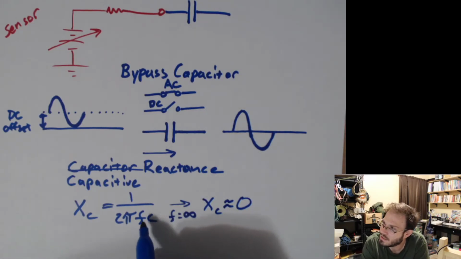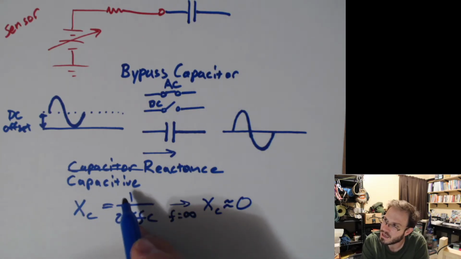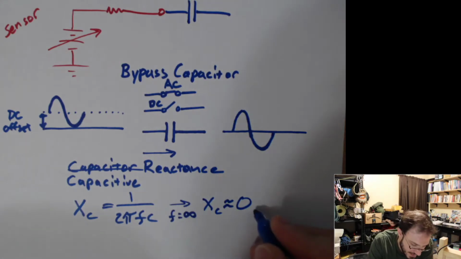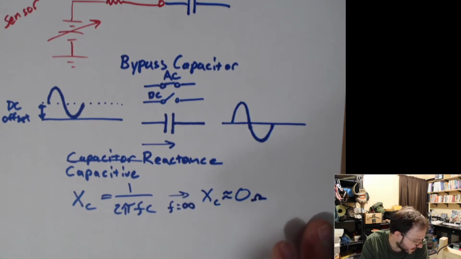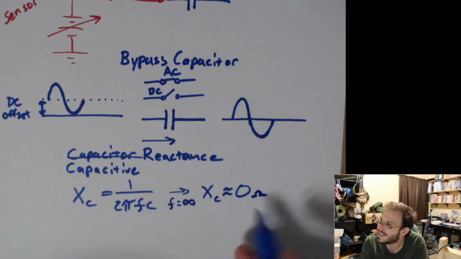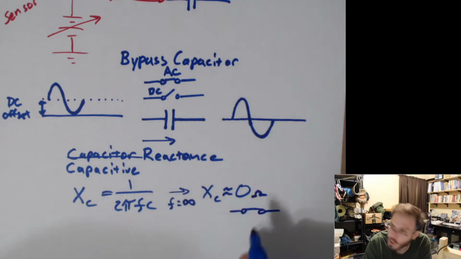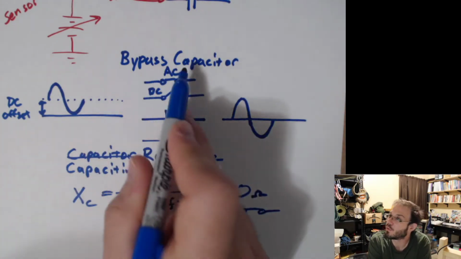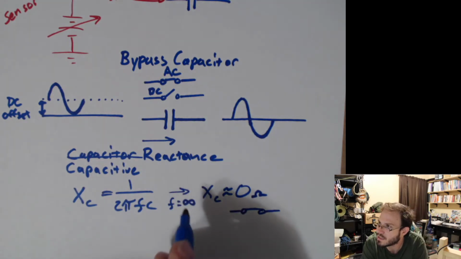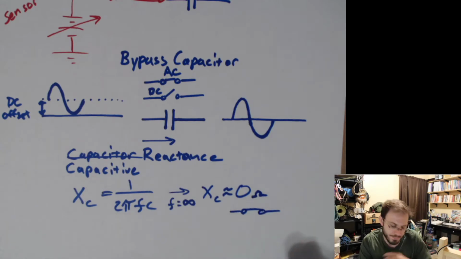If I make this value for frequency sufficiently high, the capacitive reactance, which is given in ohms, appears to be 0. Another word for 0 ohms: short, closed switch. Allow the AC to get through because it has frequency, and I'm assuming that the frequency is sufficiently high.